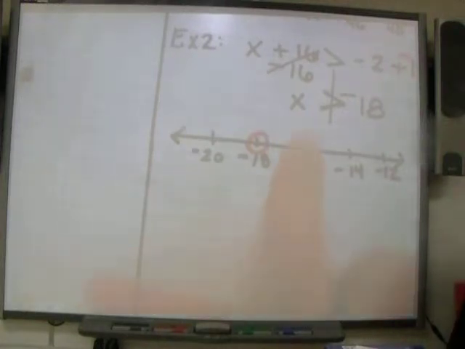No. We did not say it was greater than or equal to, we just said it was greater than. The only time you color that in or close that circle is when it is also equal to that number. So now x is everything bigger than negative 18, so these are all the numbers bigger than negative 18.